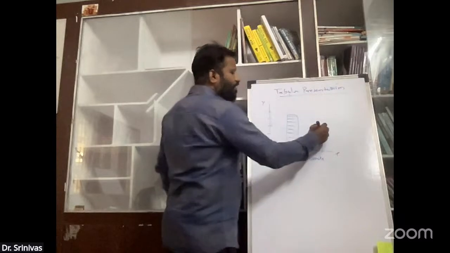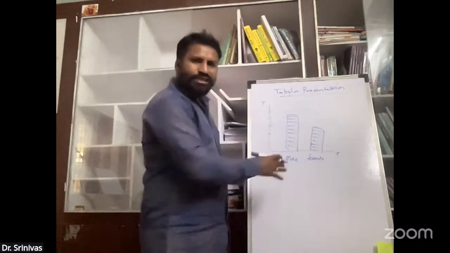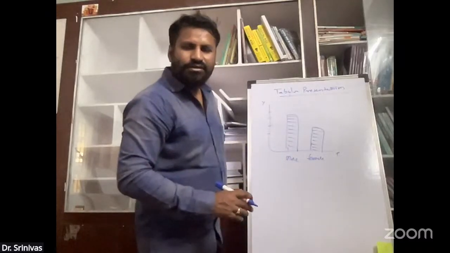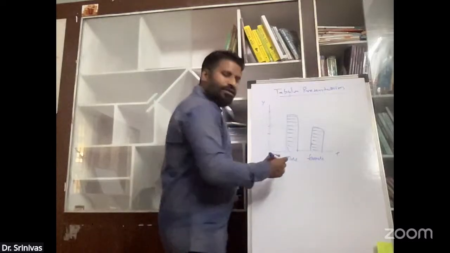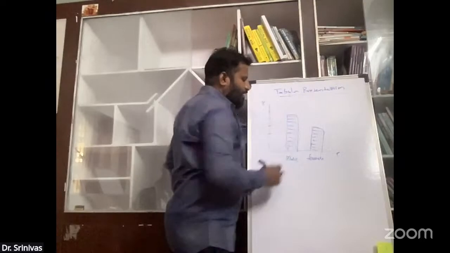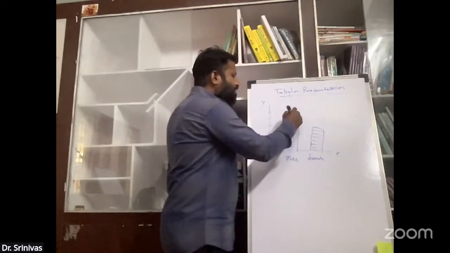This is the female bar and this is the male bar. When you see these bars, which one is the highest? Male. So it means what? Compared with females, males are high scorers.